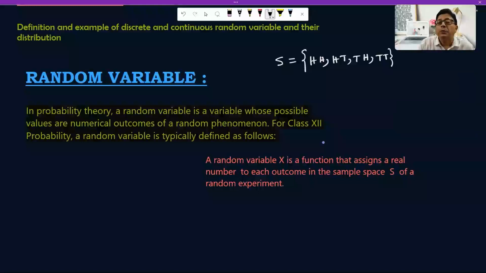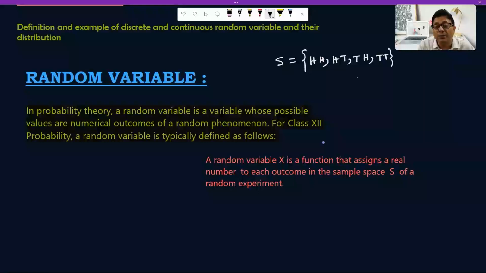Now, with this sample space, if we imagine there is a function which associates a point in the sample space, or more than one point in the sample space, to a real number, then that function will be referred to as a random variable.